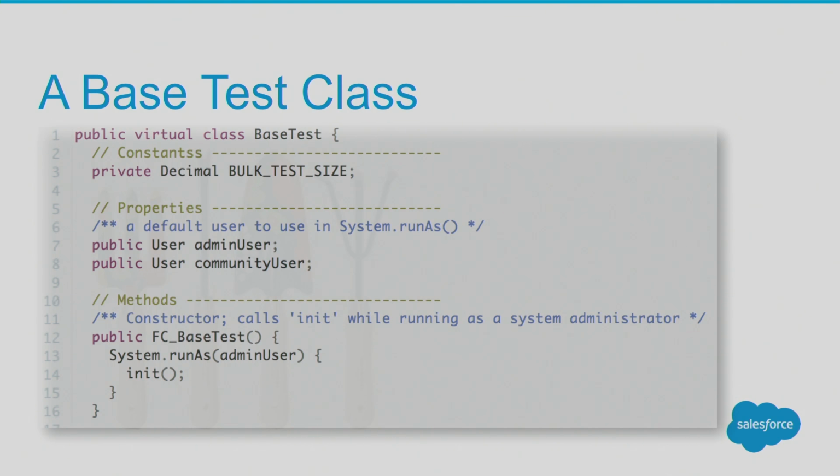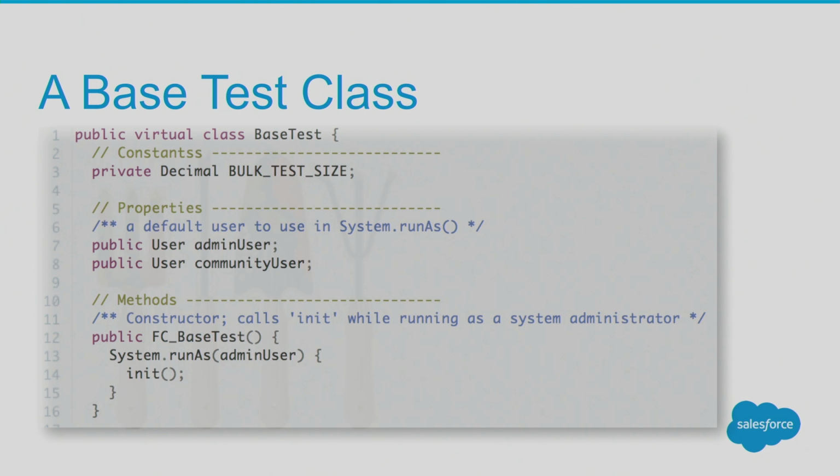There on line 6, it's a good best practice to always use a run as user in your tests, so you know the context you're running in and the test behaves the same every time, same profile, same permissions. Down there toward the bottom, you notice it's a constructor. Don't look too closely at most of this code because it won't compile.